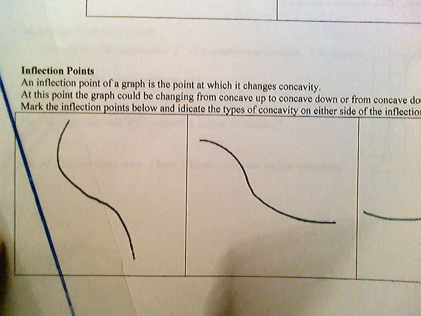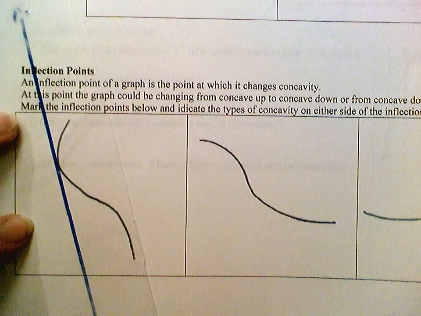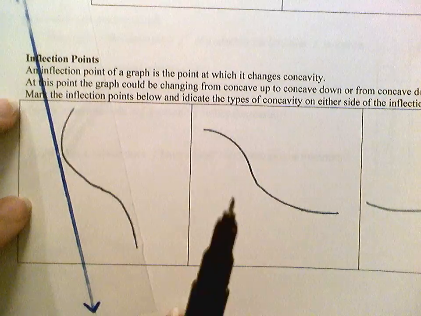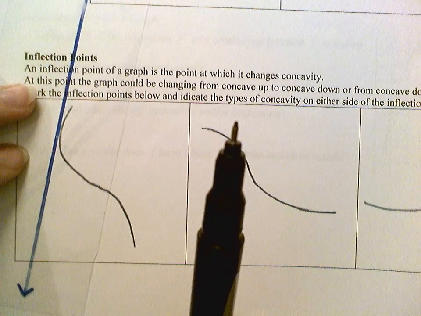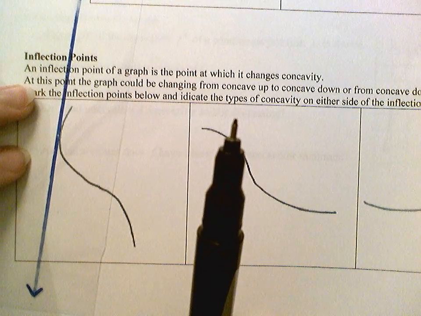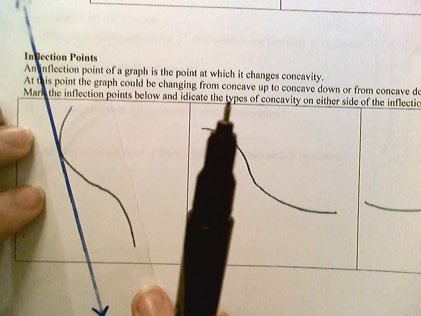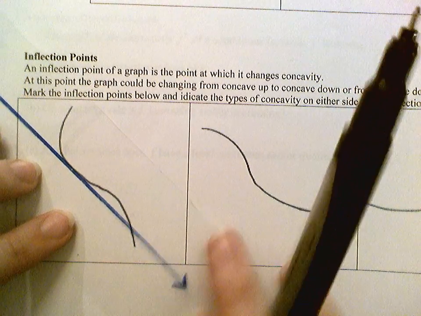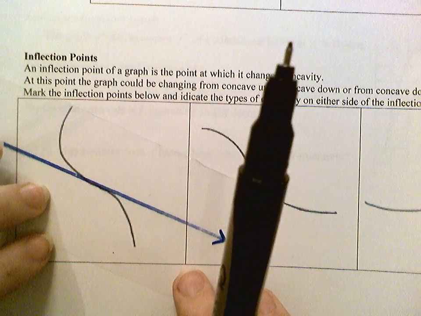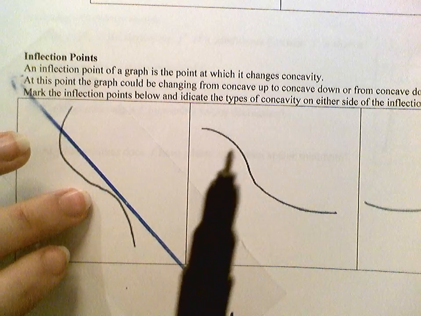For this first one, you might even just be able to see it with your eyes, but I'm going to use the transparency just to emphasize it. I'll start on this side of the graph here, where I've got my tangent line. As I move along the graph, the slope is increasing, increasing, increasing. And then right about here, it changes from increasing to decreasing.